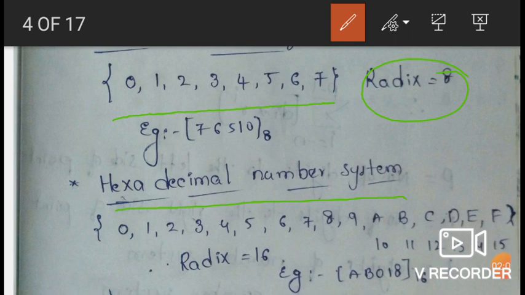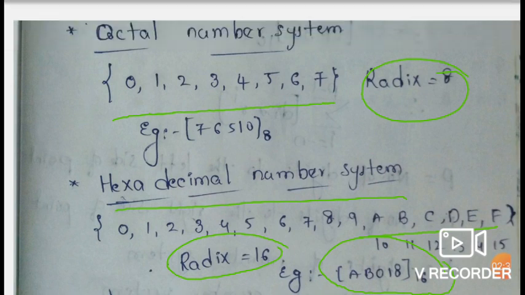From 9 it will have A, B, C, D, E, F, where A is nothing but 10, B is nothing but 11, C is nothing but 12, D is nothing but 13, E is nothing but 14, F is nothing but 15. And the radix of the hexadecimal number system is 16. This is the example for the hexadecimal number system: AB018 to the base 16.